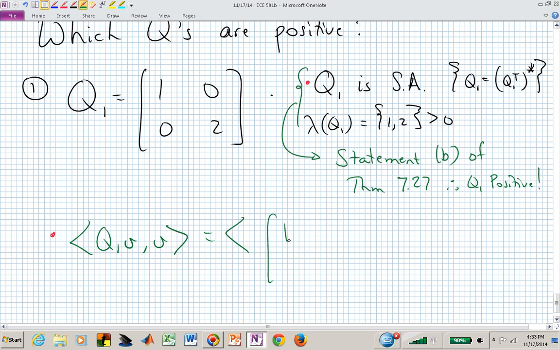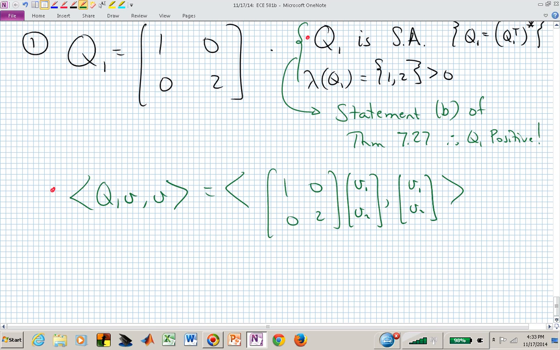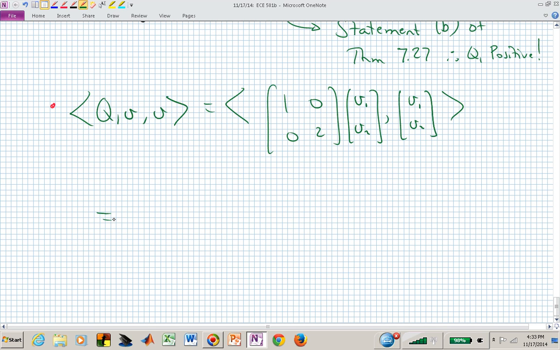I now have 1, 0, 0, 2 times some generic vector v1, v2, inner product with v1, v2, and that's the same then as the vector v1, 2 v2 when I operate on that v1, v2 with the diagonal matrix 1, 2.